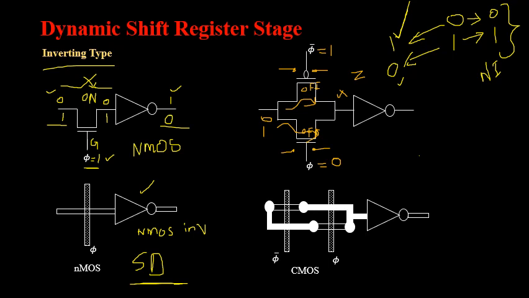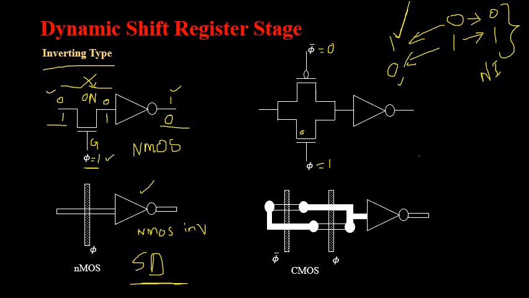Let me explain what happens when I apply the clock signal, that is the phi signal, as equal to logical 1 state. So now let me apply the signal phi equal to 1. So obviously this phi complement will be equal to a 0 state.